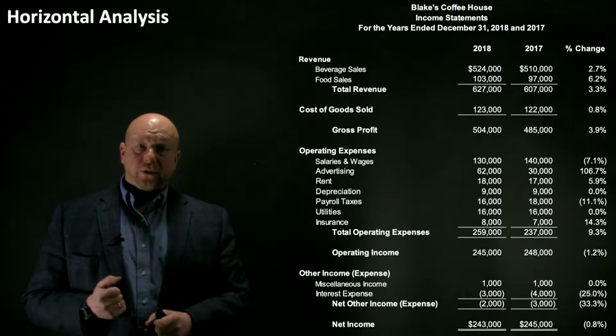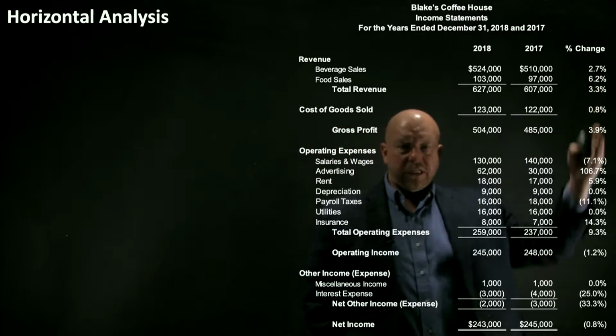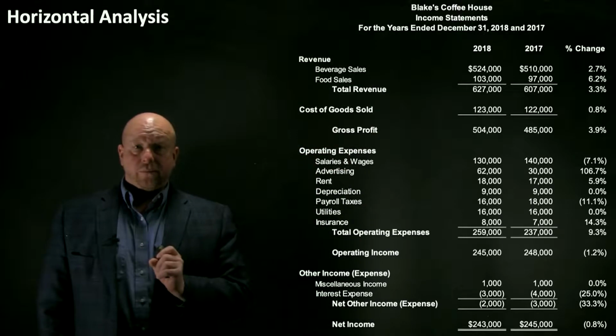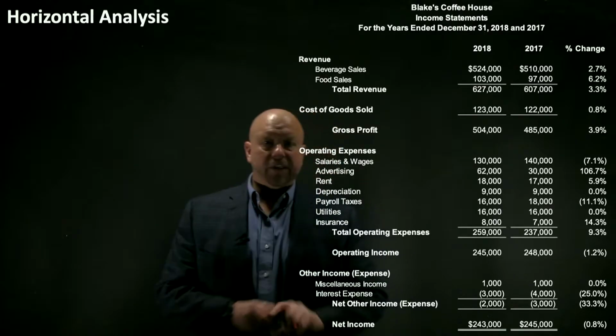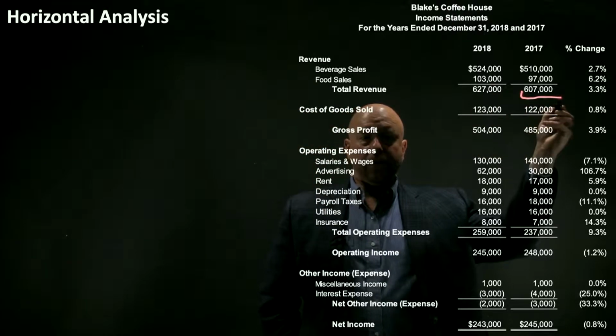Now, if we look at this horizontal analysis, what we're really doing is we're saying, what is the percent change from year to year? Because I don't know what you think, but as I look at this, I see a company that from 2017 to 2018, sales revenue increased.